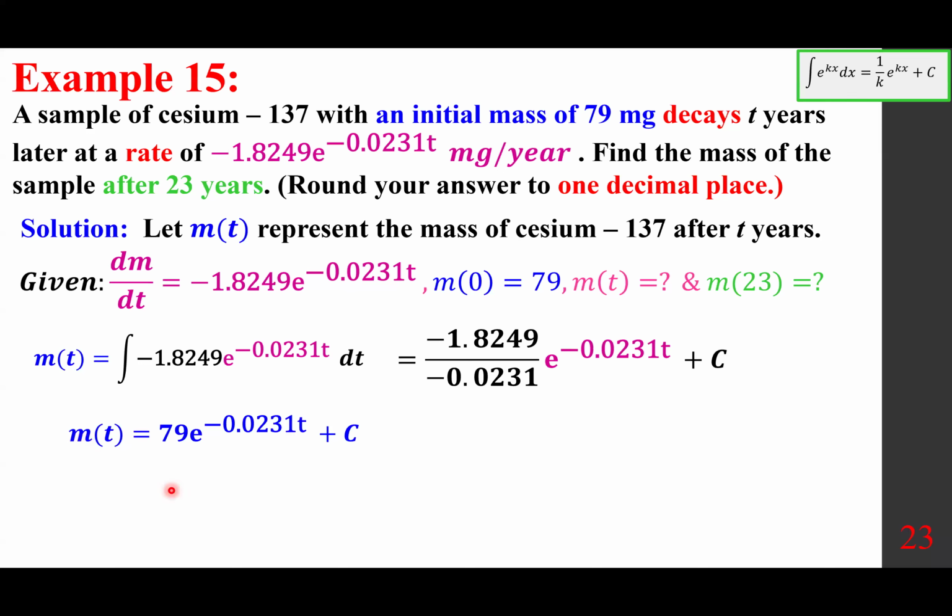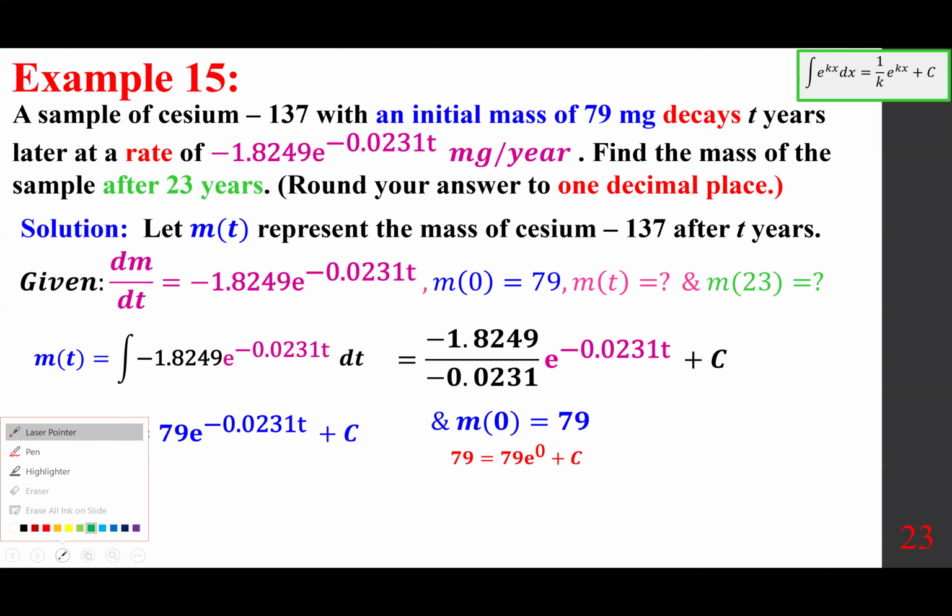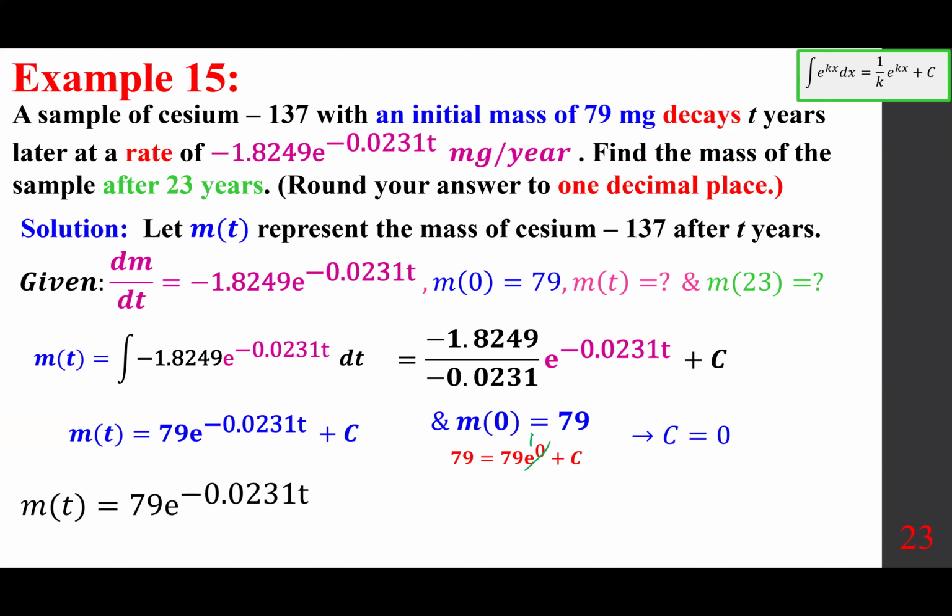So replace this with 79 and t with 0. Well, obviously, the power of 0 is 1, 79 is 79 plus c, so c must be 0, and that's your function.